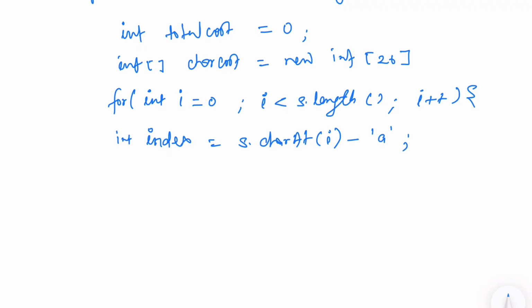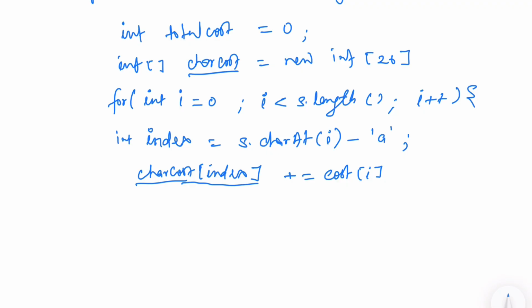So the character cost, we know that we have defined. We'll write it here and say, at this index, the character cost at index is nothing but we'll increase the cost. How? We'll do plus cost. Initially the cost is 0.